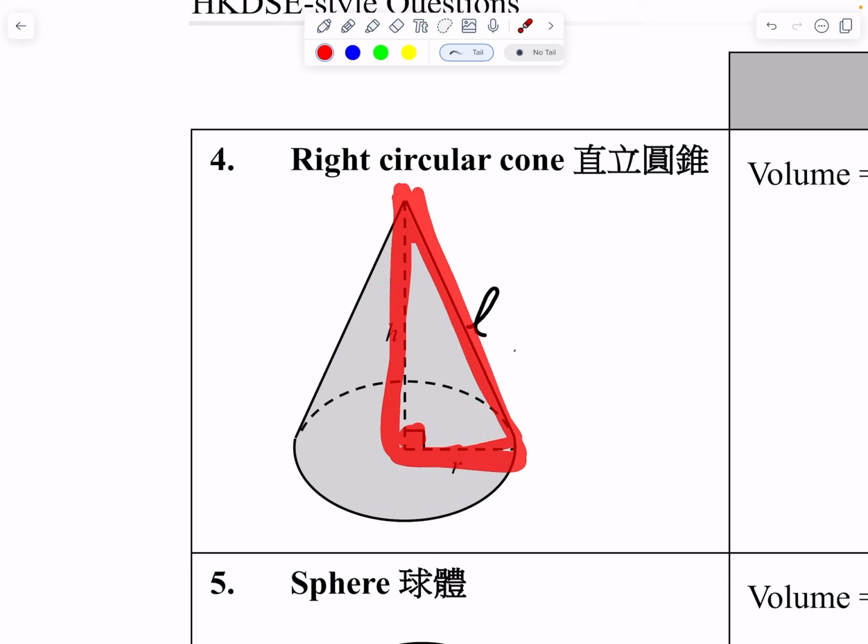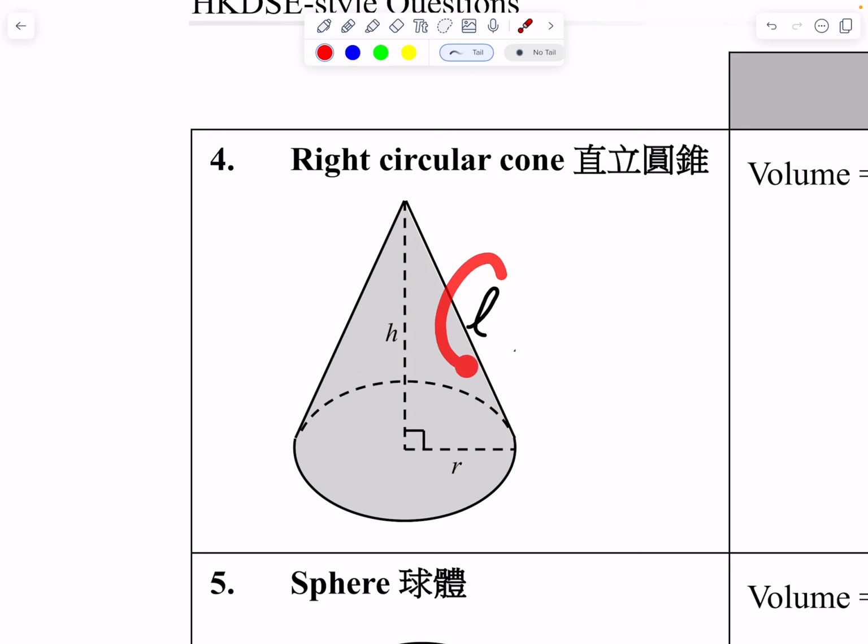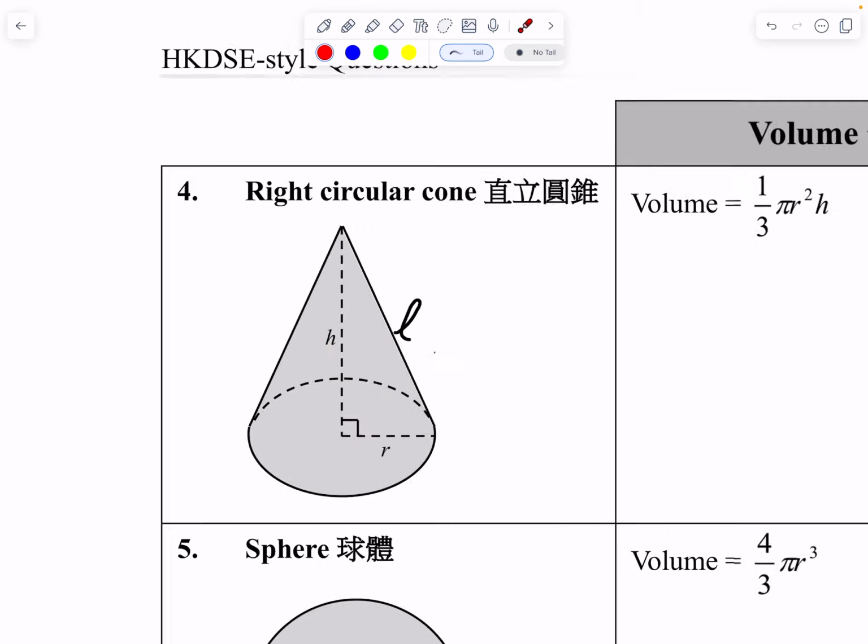A right angle triangle. So what can we think of? We can think of Pythagoras theorem. a squared plus b squared equals c squared. What is a and what is b? a and b are the things next to the 90 degree. So h squared plus r squared equals l squared. And then you can find L. They might give you one of these things or two of the things, and then you need to find the rest.